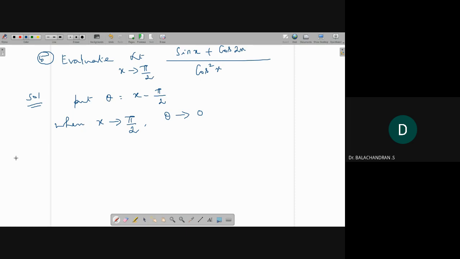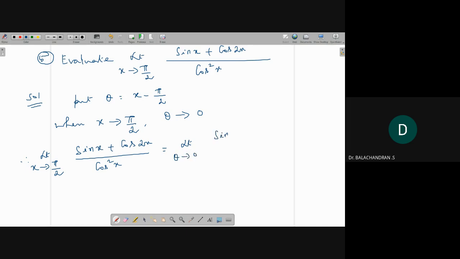So from this, limit x tends to pi by 2 of sin x, this is the original problem. Now when x approaches pi by 2, theta approaches 0.